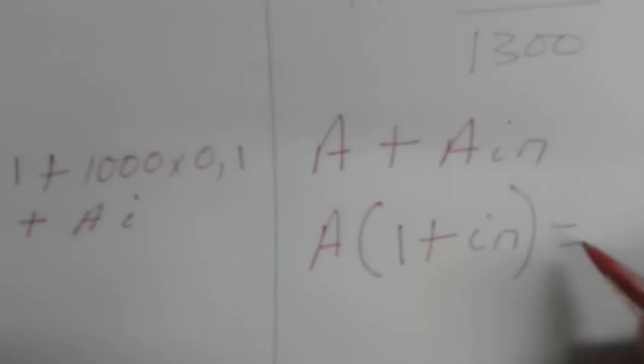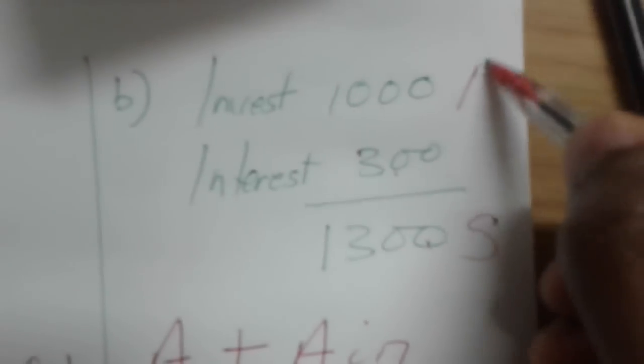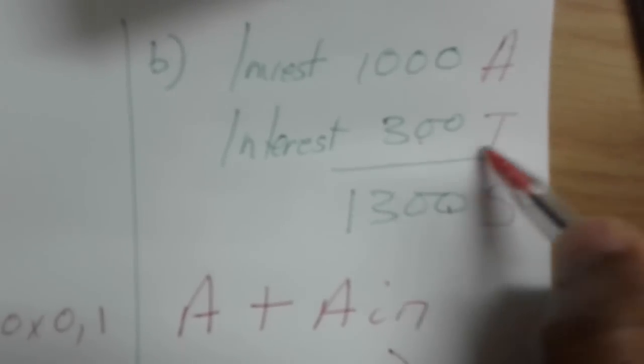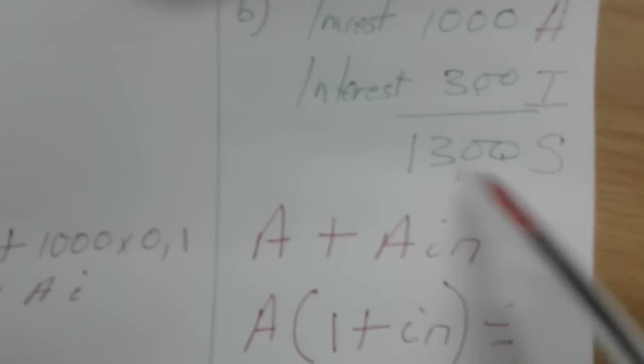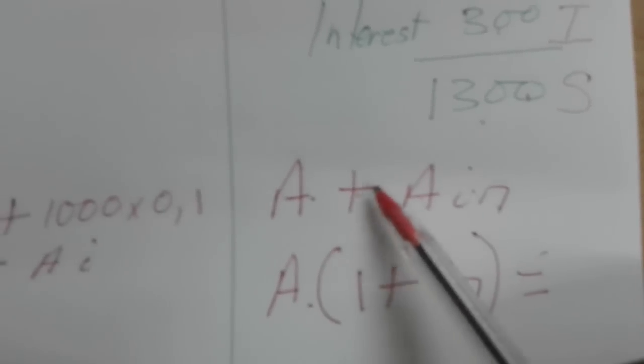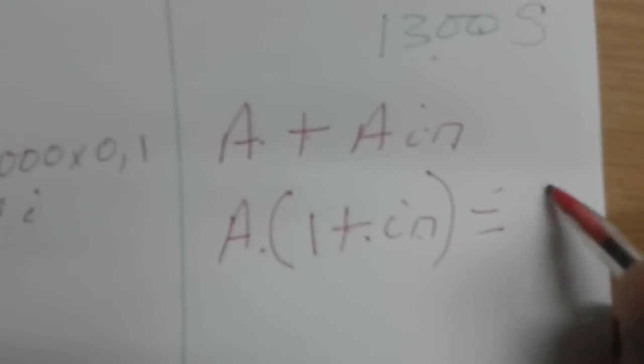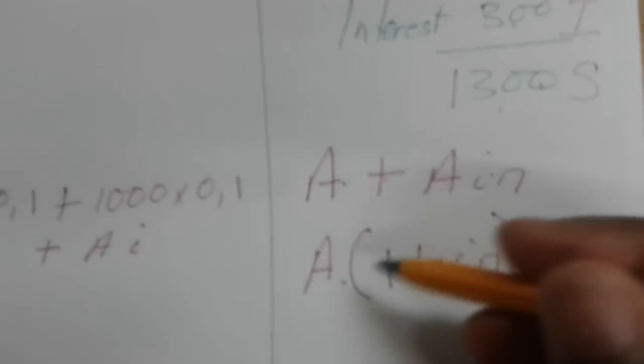So it means our future value of 1300, remember this is the same as your S. So your future value, this is your A and this is your i. So our future value of 1300 is equal to A plus Ain, principal amount plus interest. Mathematically, this can be rewritten in this form, A into 1 plus in. So this is equal to S, formula number 2.